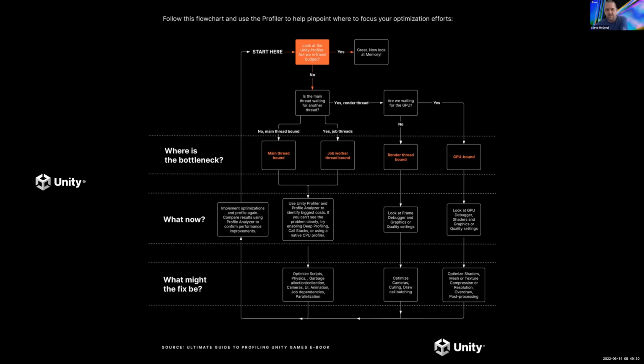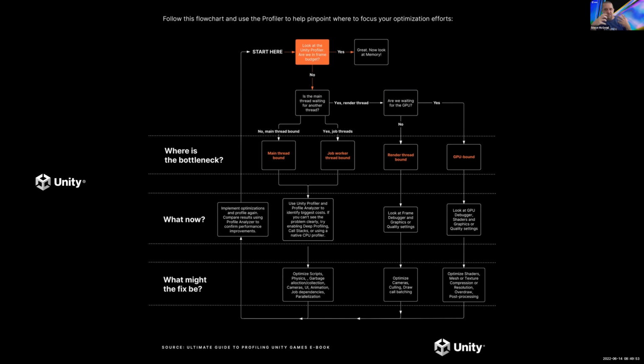So this is just trying to define what the process is. Following on from this, in the guide and also in the blog post that accompanies the guide, there are images of what the Unity profiler captures look like for various real world projects that have bottlenecks in these different areas.